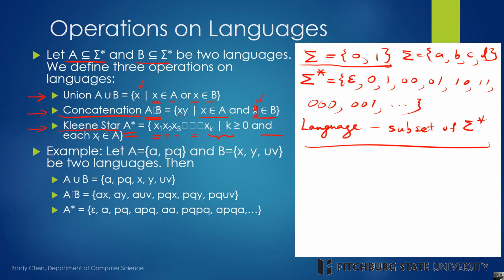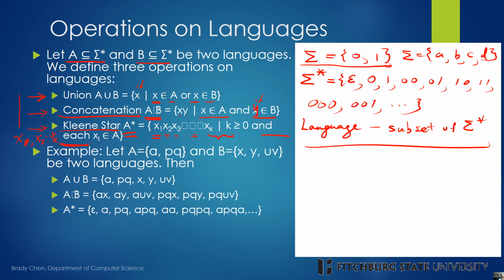And each xi is a string in the language A. So x1 is a string in the language A, x2 is a string of the language A. So we define these three operations for languages.